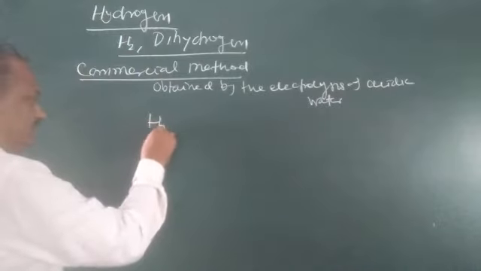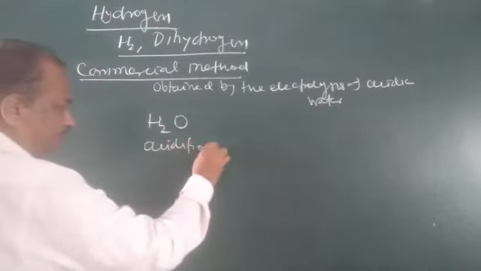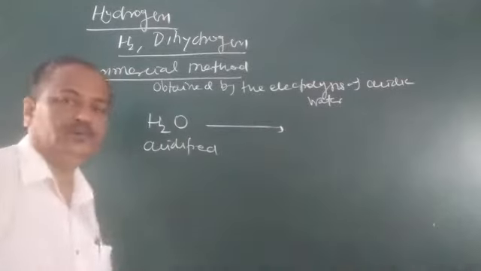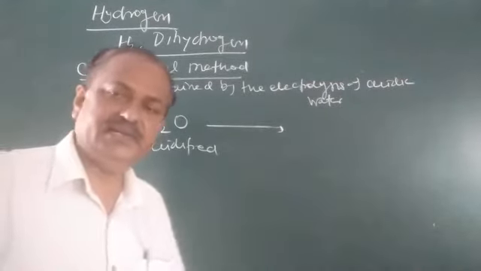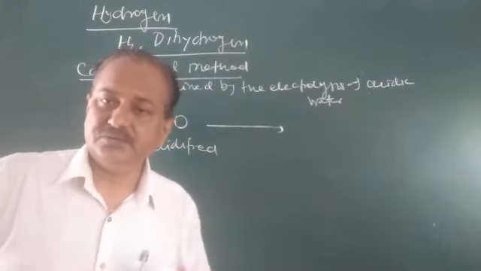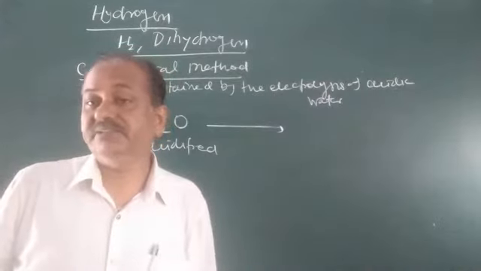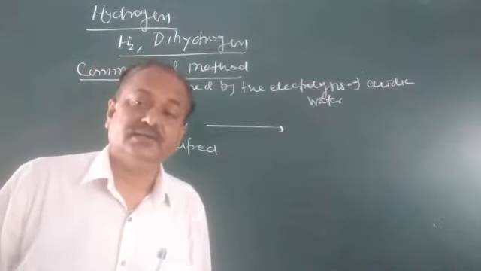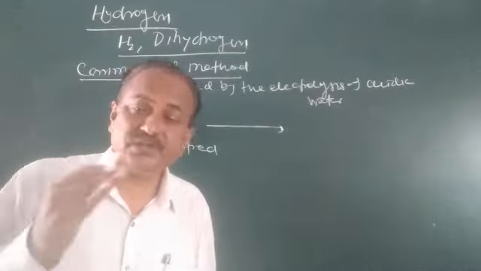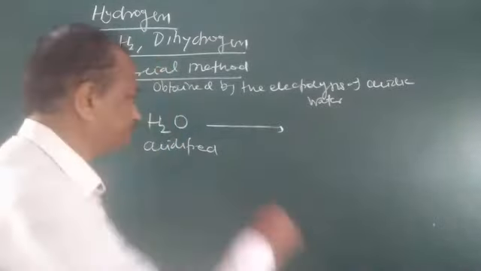Like we write equation H2O, acidified means little amount of acid has been added. Any acid like sulfuric or hydrochloric is added to pass the current. Why is it so? Because water is a bad conductor, and by adding acid, a number of ions are available for current to flow.